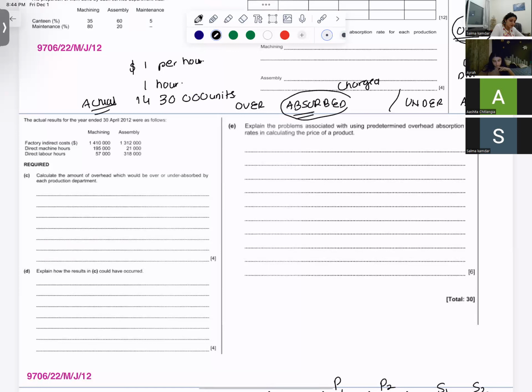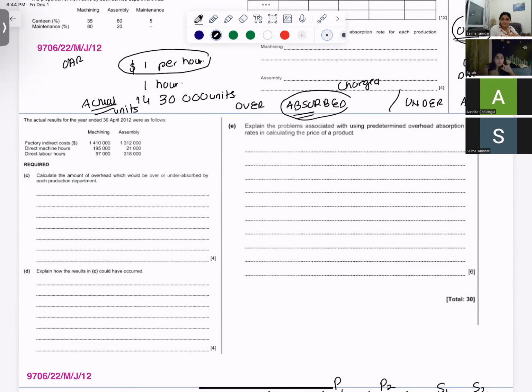This is the actual units that I have made. So can you tell me what will be the overheads that I will charge based on my OAR? You will multiply it by 6.89, whatever. In my example, it is $1.